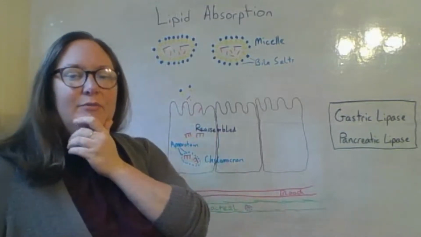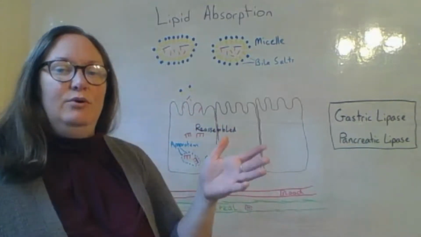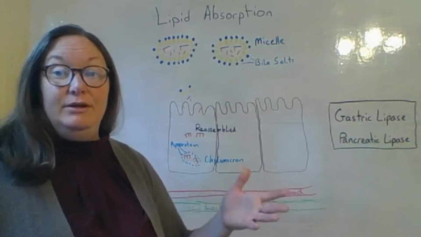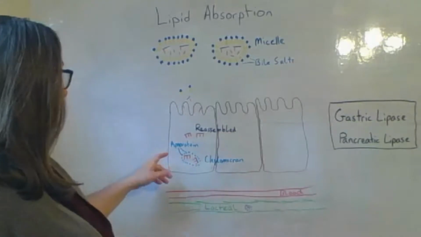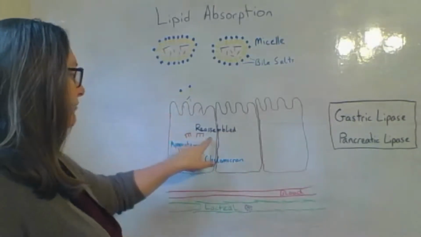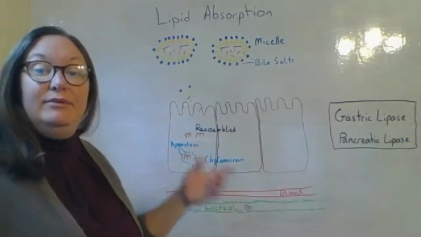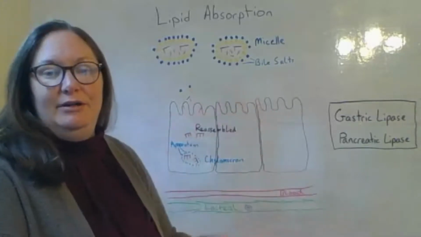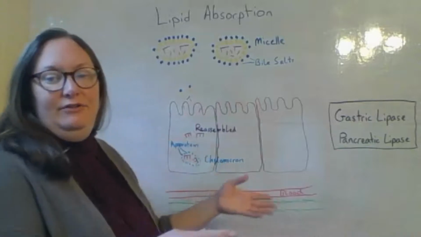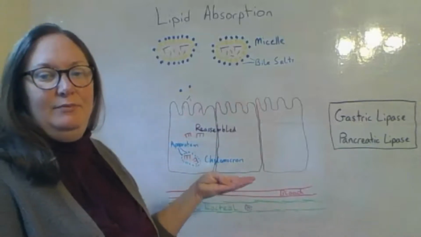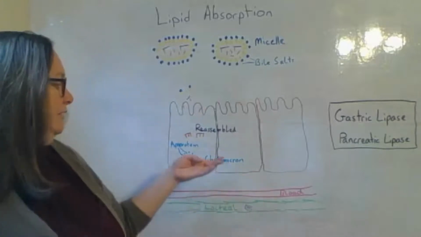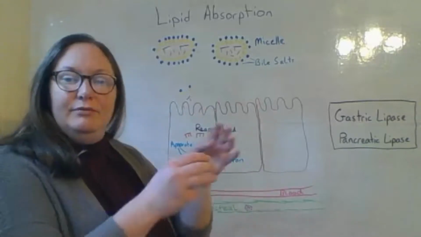Do we need some type of facilitated diffusion, or can they pass through the membrane? They're hydrophobic, so they can pass through the membrane. All right, so they pass through, and what happens when they get in? They get reassembled. Isn't that funny? We spent all this time taking them apart, and now once we're into the enterocyte, the small intestine simple columnar epithelial cell, it's going to put it right back together.